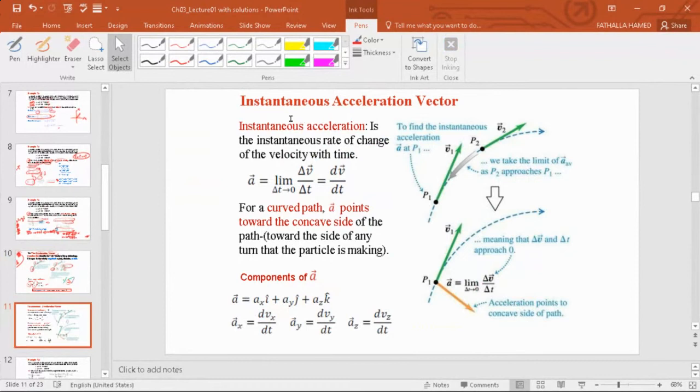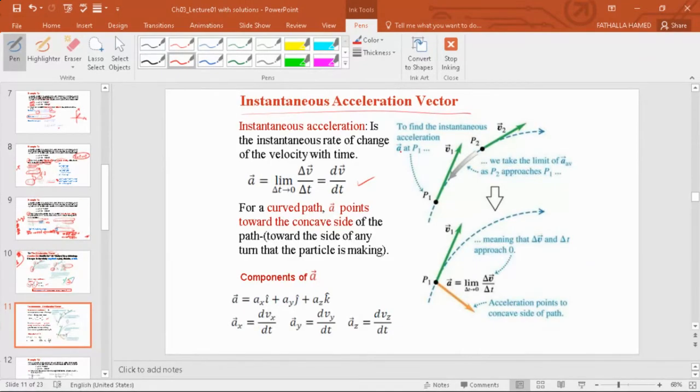But now we want to deal with the instantaneous acceleration vector. The instantaneous acceleration vector, we take it in the limit as delta t goes to 0 of delta v by delta t, which is dv by dt. Now this is instantaneous.